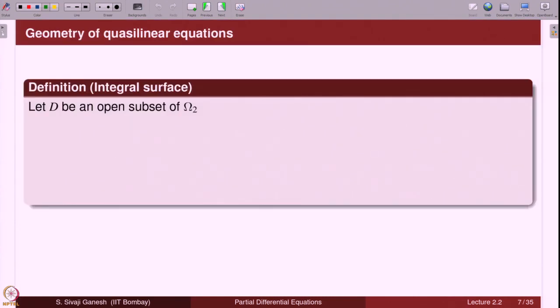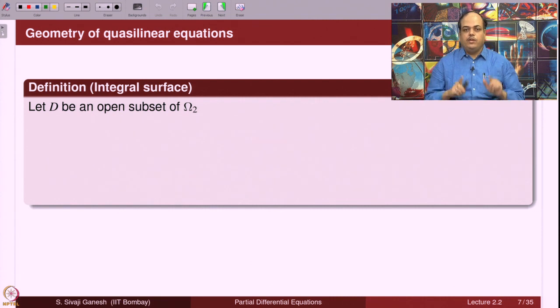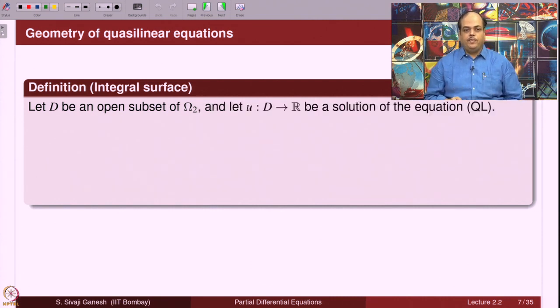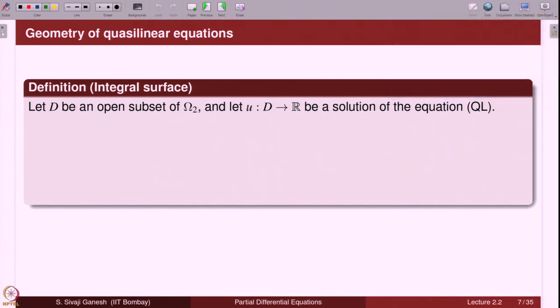So, the definition of an integral surface. Let D be an open subset of omega 2. What is omega 2? It is a projection of omega 3 to the xy plane, and let u be a solution of the equation QL. u is defined on this domain D and is a solution of the equation. What does it mean?